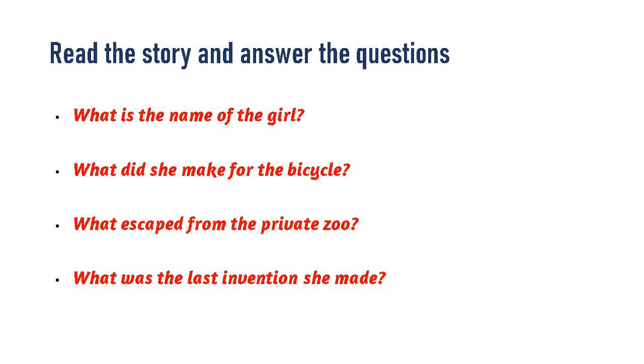So what is the animal that escaped from the zoo? And the last question, what was the last invention she made? So she made many inventions. But what was the last one? Okay, so I hope you read the story and answer these questions.